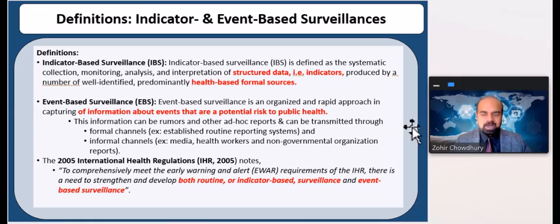So in this regard, IHR 2005 notes that to comprehensively meet the early warning and alert (EWAR) requirements of the IHR, there is a need to strengthen and develop both routine or indicator-based surveillance and event-based surveillance. So IHR introduces both terms in here, indicator and event-based surveillance, and we will see how the two overlap and the need for both.